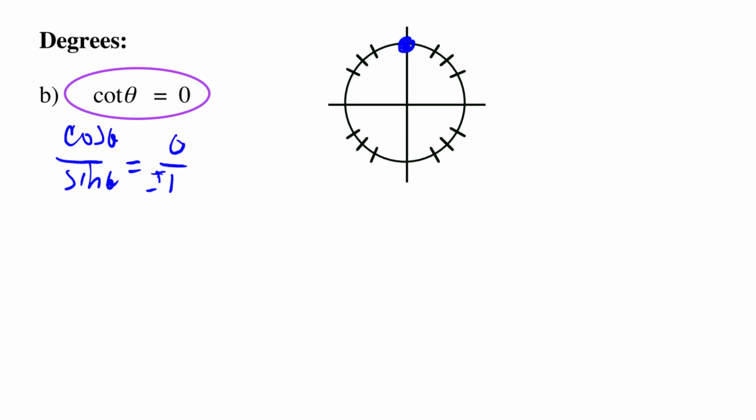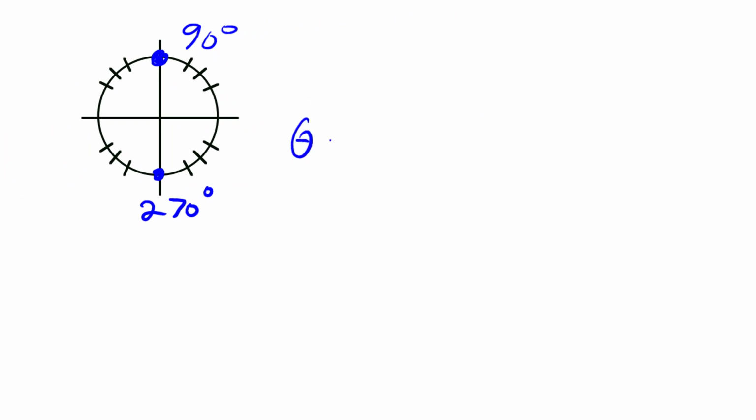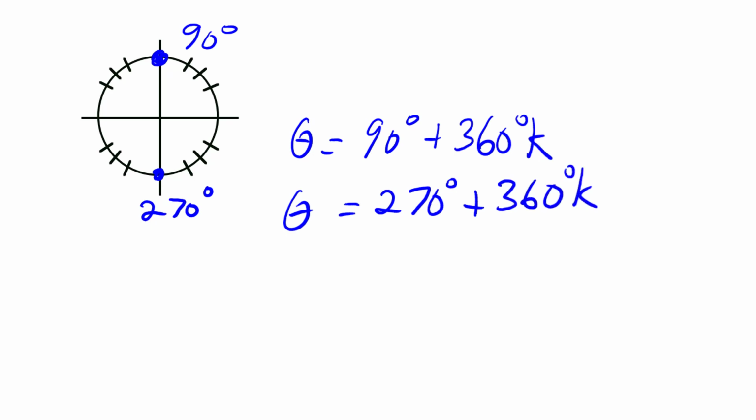And that occurs on the y-axis at 90 degrees and at 270 degrees. So theta can equal 90 degrees plus 360 degrees k. Theta equals 270 degrees plus 360 degrees k. And k is an element of Z.